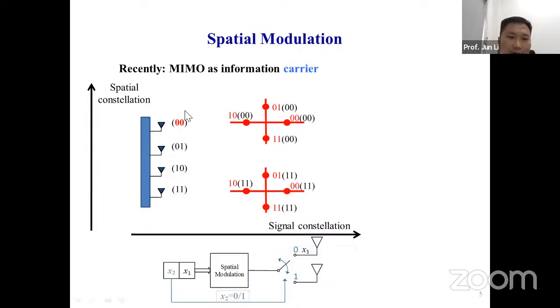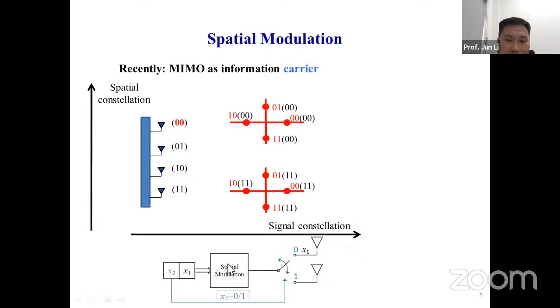As I have just said, the index of each antenna is the spatial modulation. If we use the first antenna, the index will be 0, 0. If we use the fourth antenna, the index will be 1, 1, right? So this is the main difference between spatial modulation and the MIMO system.